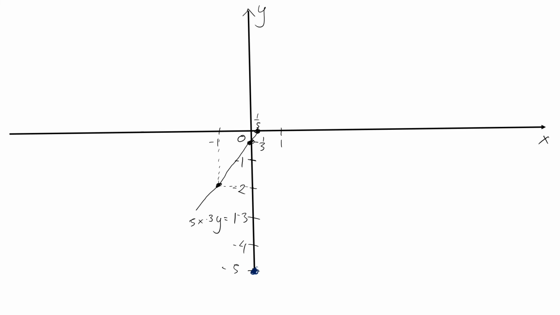And continue with x equals 5/3. If you change 5/3 into an improper fraction, 5 divided by 3 equals 1, the rest equals 2, so 1 and 2/3. It is more than 1 but less than 2.